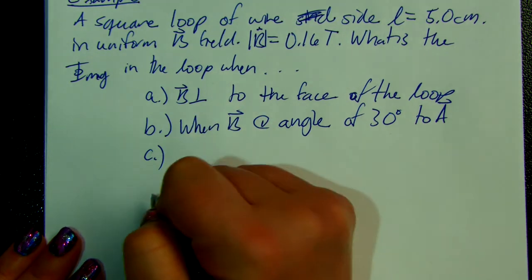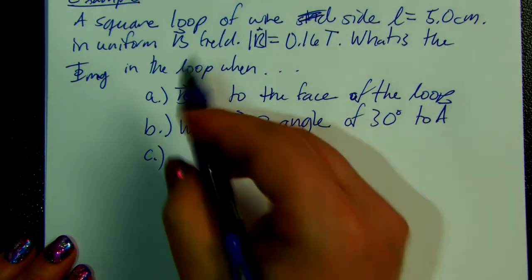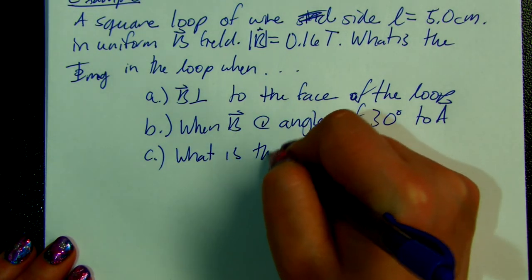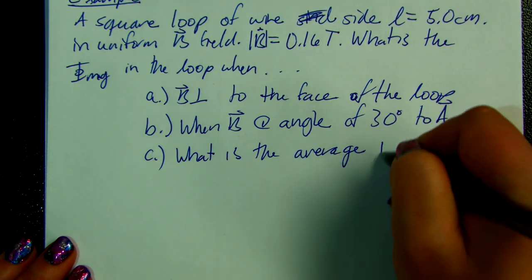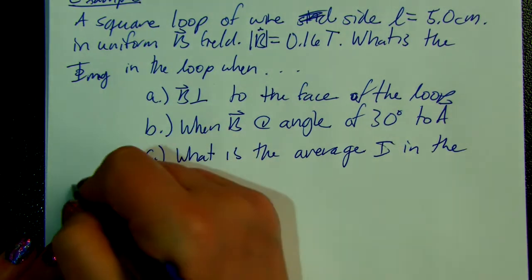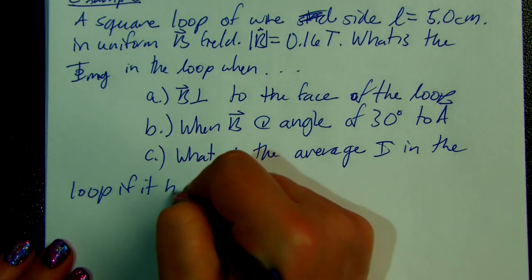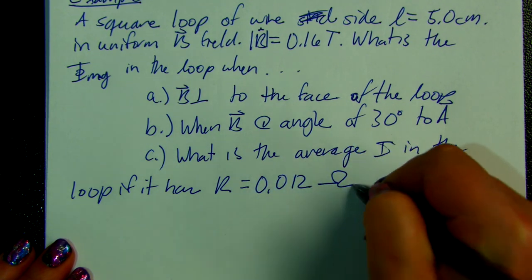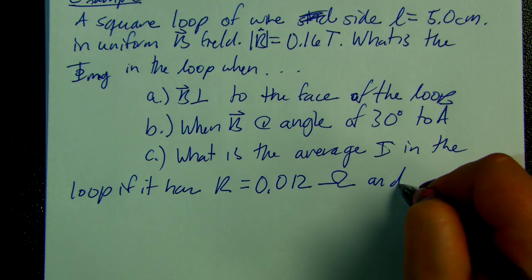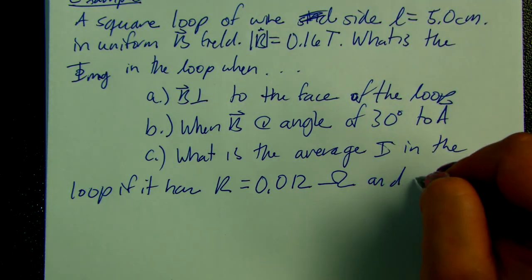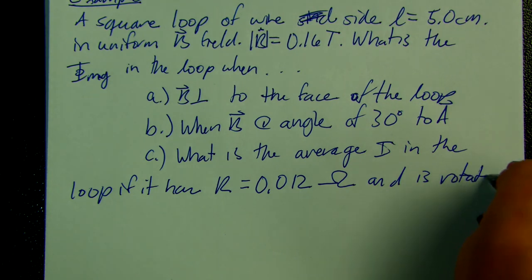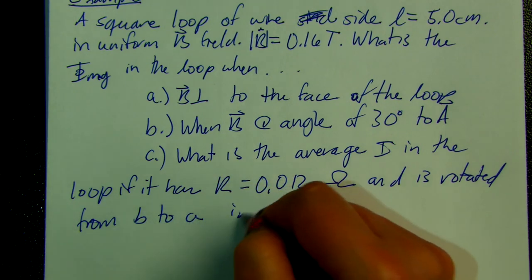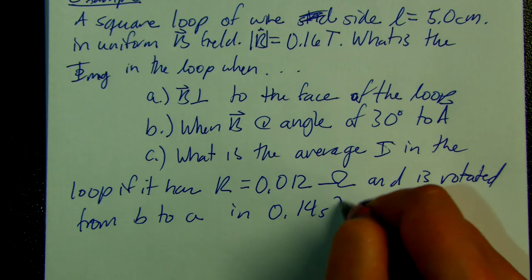So think back to Gauss's law for that area vector. And part C, what is the average current in the loop if it has a resistance of 0.012 ohms and is rotated from B to A in 0.14 seconds?